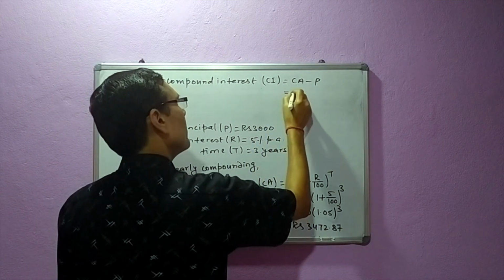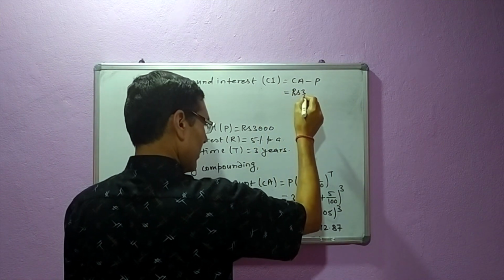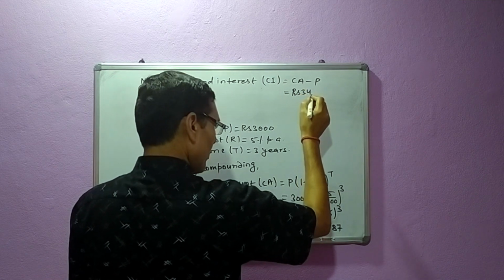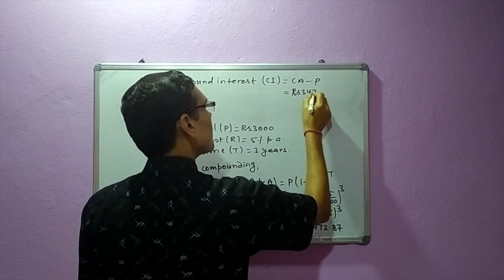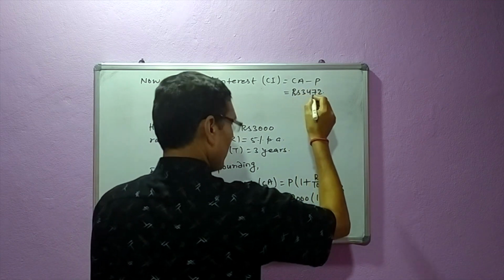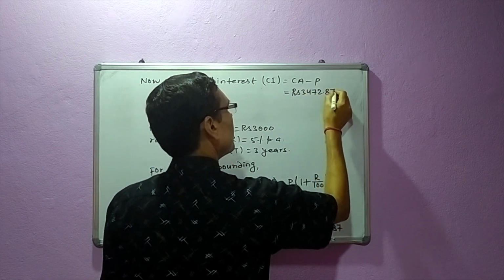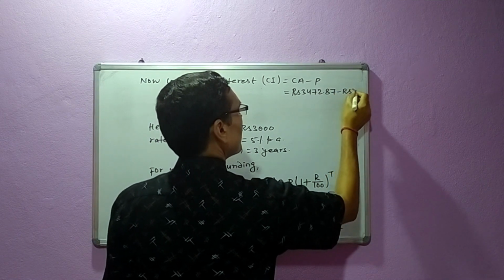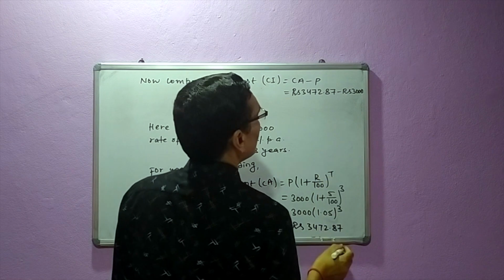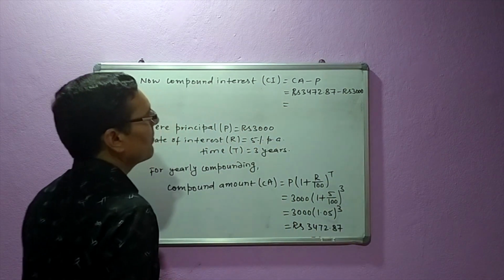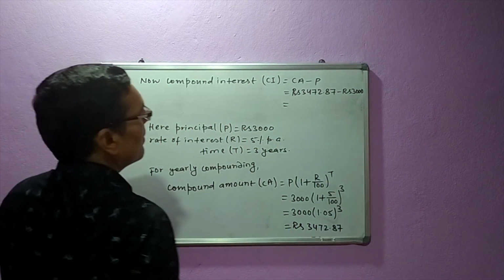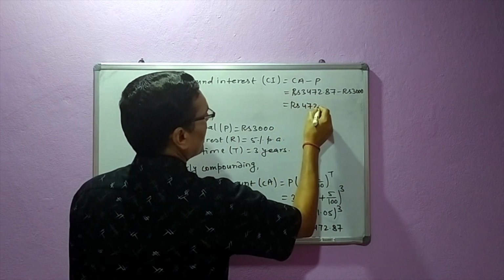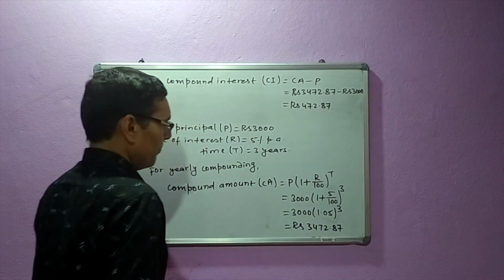So amount is rupees 3,472.87, so here we get it is 472.87.